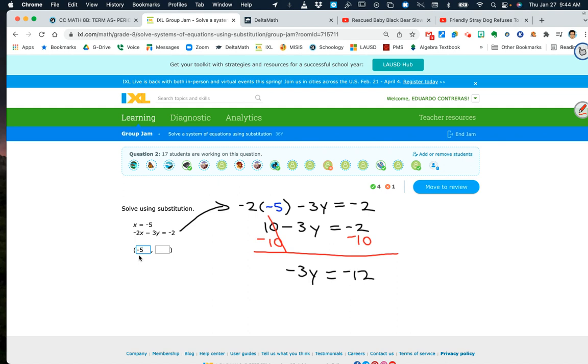We're adding those. Okay? Let's divide by negative 3 and we'll get an answer. And so y equals 4. So over here we want 4.